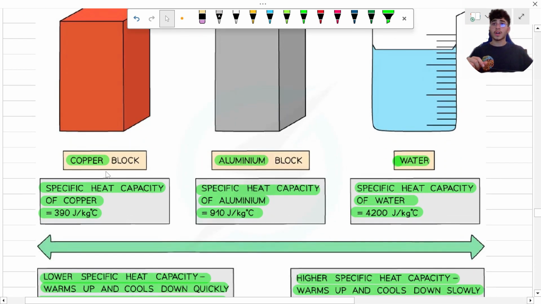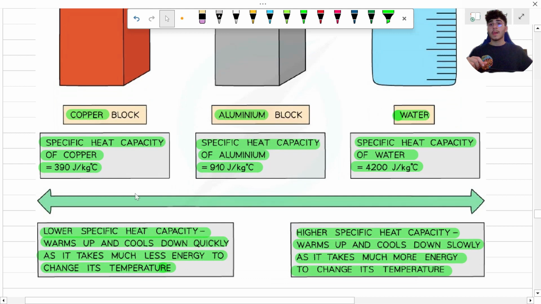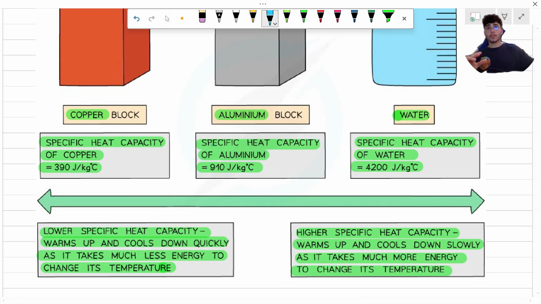This is an example. We have a copper block, aluminum block, and water. Specific heat capacity of water is 4200 joule per kilogram degrees Celsius. Aluminum is 910 joule per kilogram degrees Celsius, and copper is 390 joule per kilogram degrees Celsius. From all of these, the highest one is for aluminum.